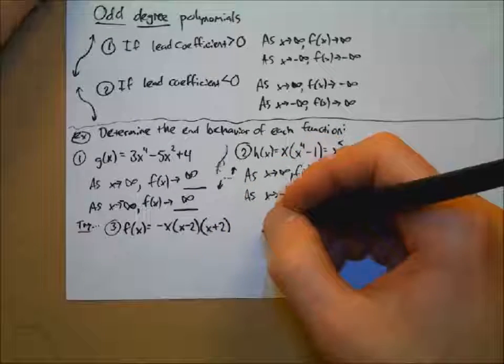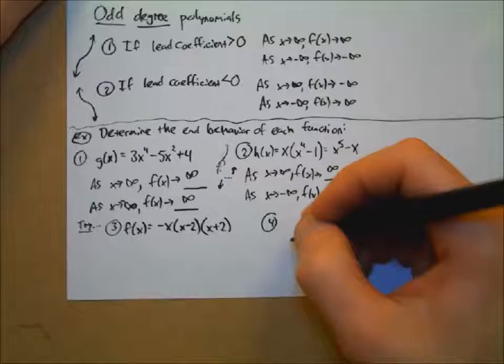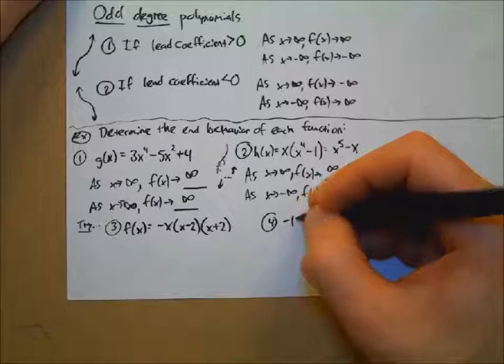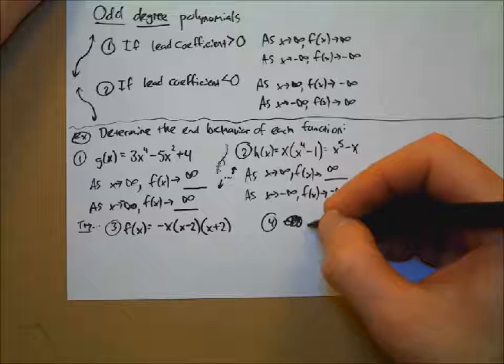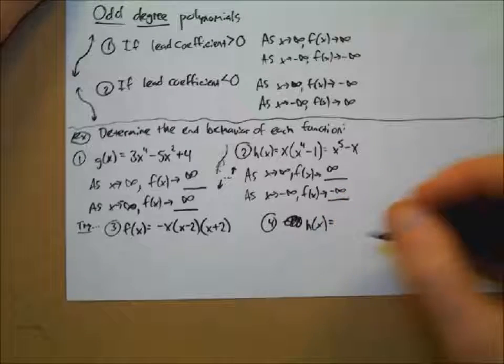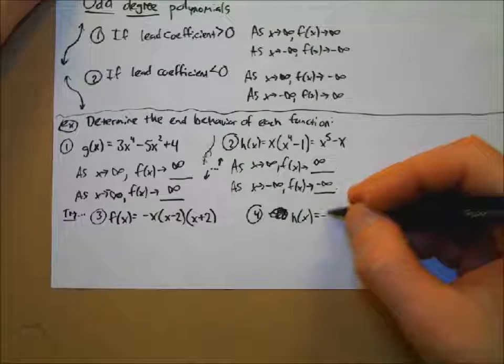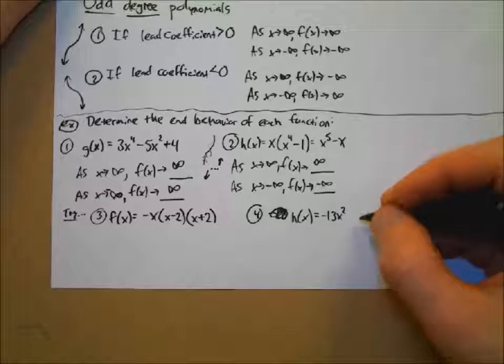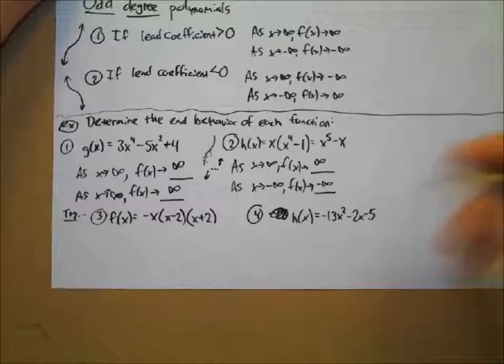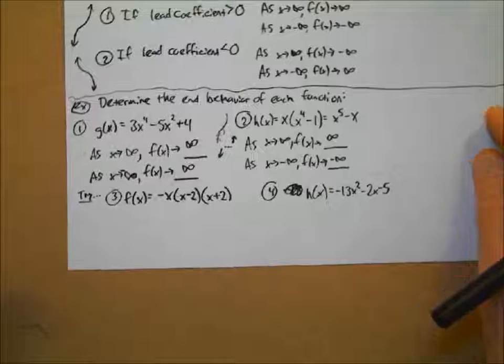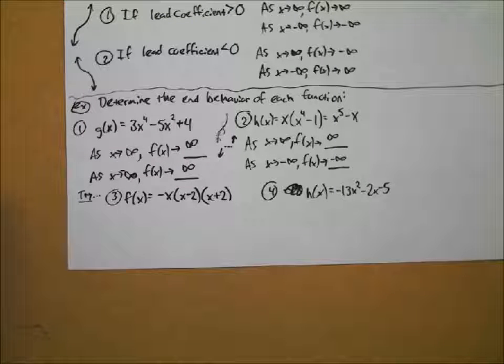And then number 4, h of x equals negative 13x squared minus 2x minus 5. Okay. So go ahead there. Try 3 and 4.